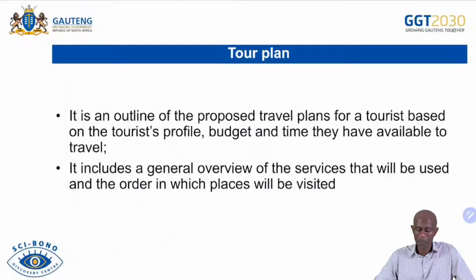It's also important for you to understand which ones you would expect your tourists to visit in the morning, in the afternoon. So that order plays a very critical role when designing or developing a tour plan.